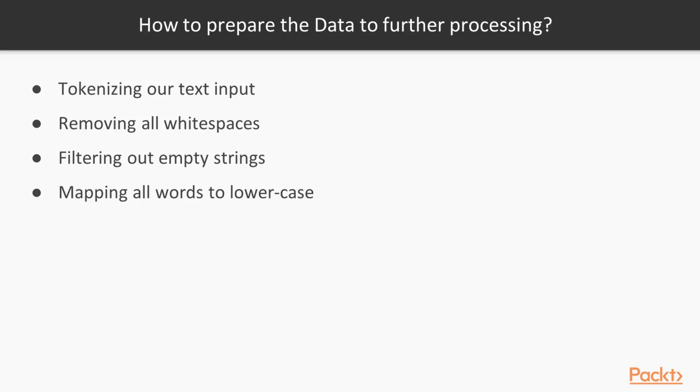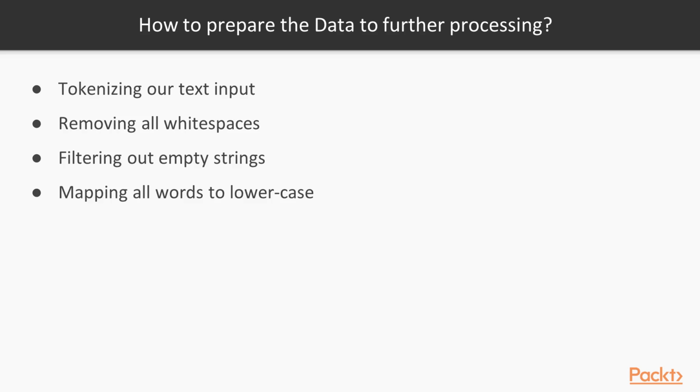As we look at our text data structure, we need to think how to prepare data for further processing. It's the whole data mining thing. First, we need to tokenize our text input into string tokens, because our program will operate on these single token strings. So one string equals one word.